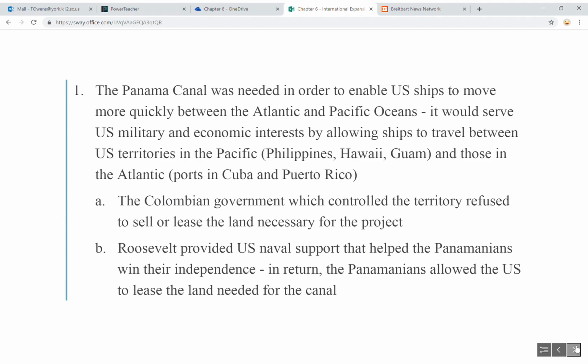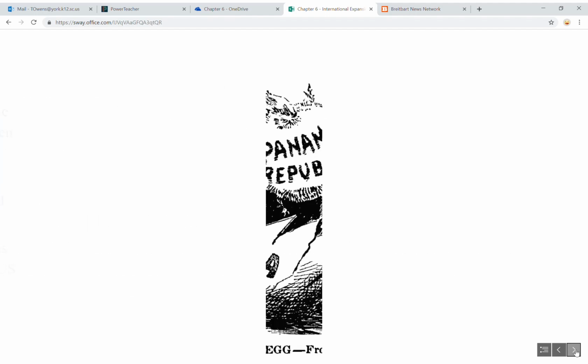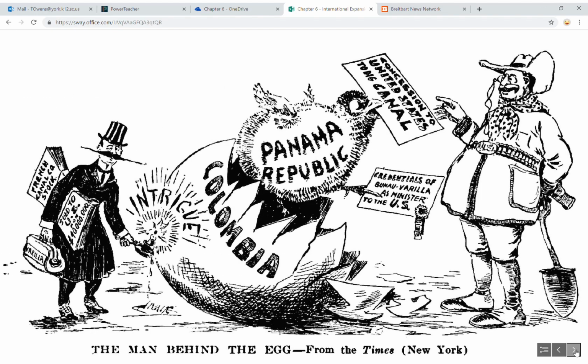So the United States is going to instigate a rebellion. Apparently, they're going to talk the Panamanians into wanting independence. We're going to tell them, yeah, we'll help you become independent. And Roosevelt, of course, is big in this.